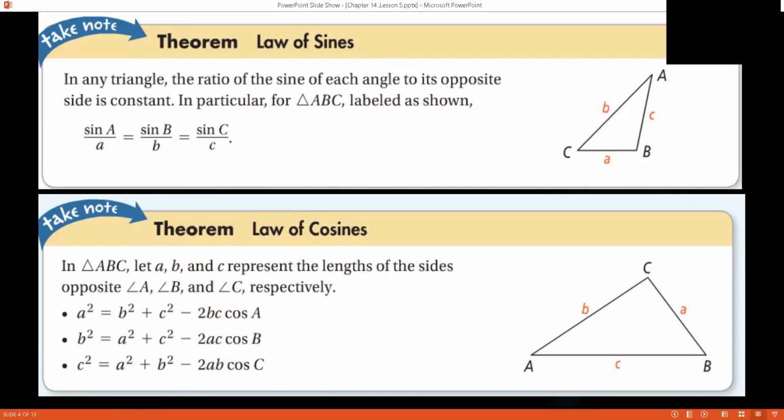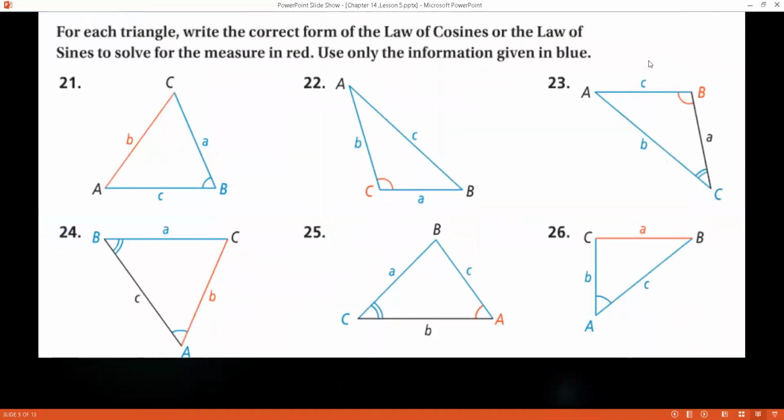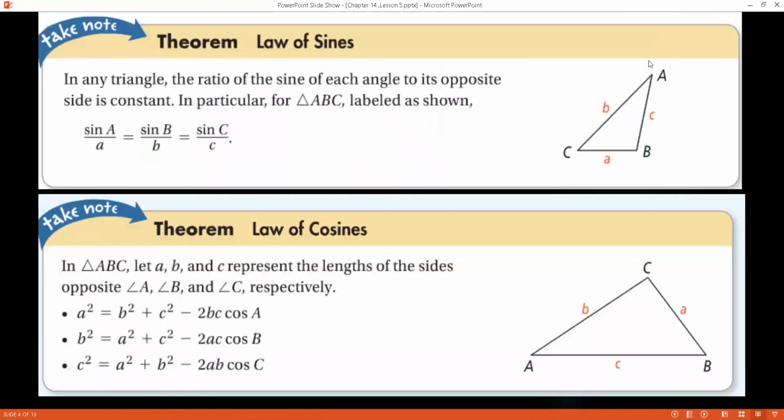So this is the law of sine: sine of angle A over a small must be equal to sine of angle B over b small, which must be equal to sine of angle C over c small. This is the law of sine.